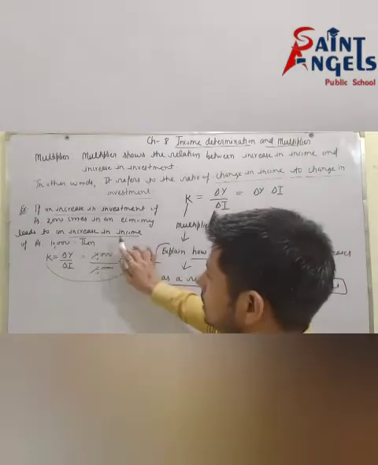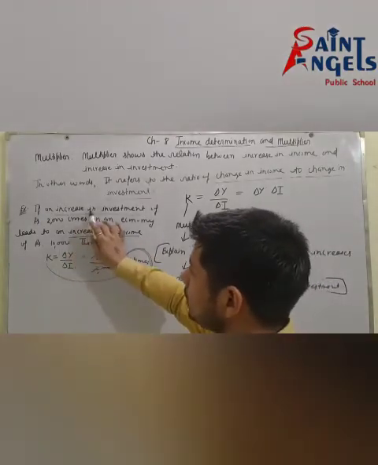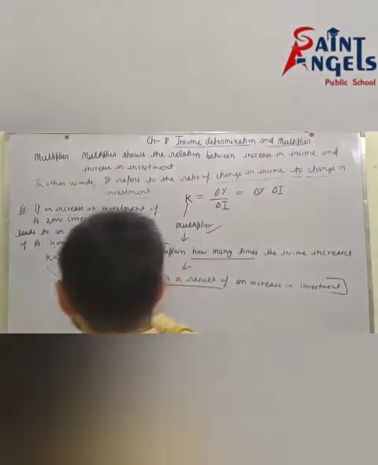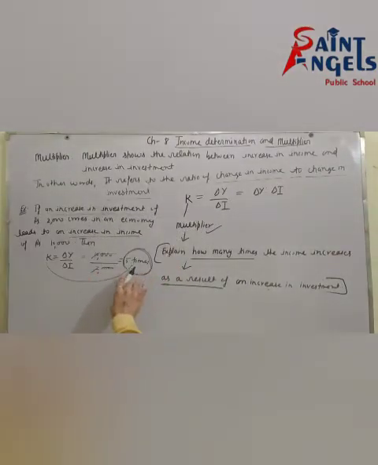Income increases 5 times of the increase in investment. See, 10,000 is 5 times of 2000. You know that 10,000 is 5 times of 2000.